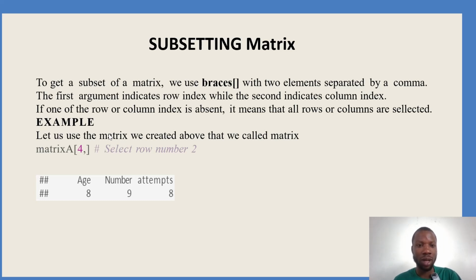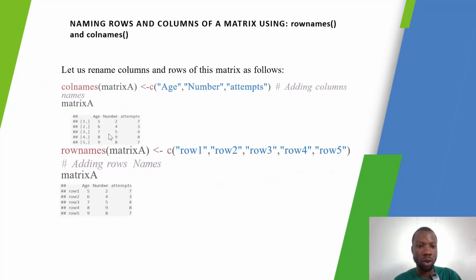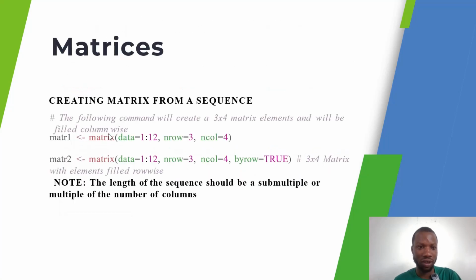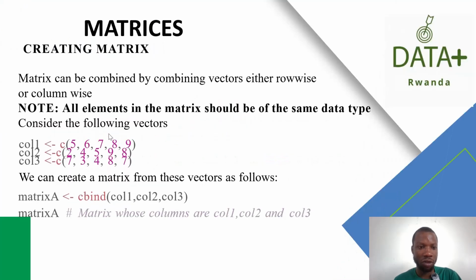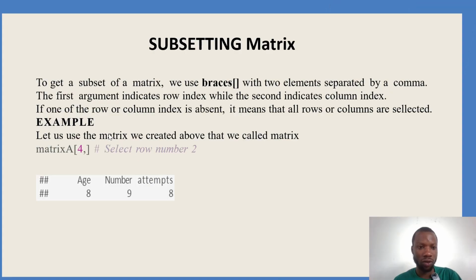So let's use the matrix we created above, which we named matrix A. So if I say matrix A and then put the square brackets and put 4, and then a comma, it means that I'm traveling along my matrix and looking for all the values that are in row number 4.